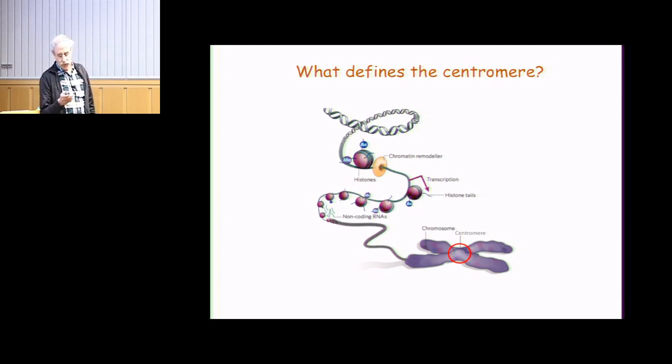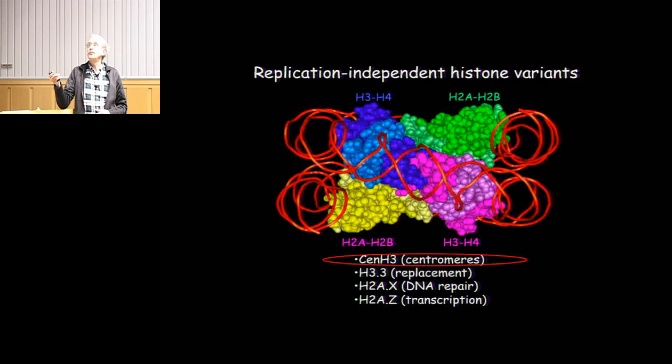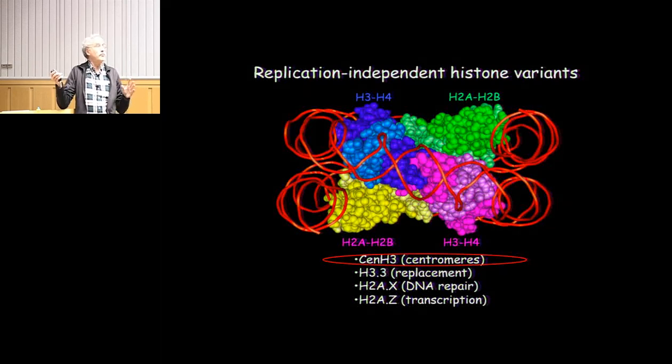Now, the reason that we like to focus on the centromere is it's long been known that there's a centromeric histone variant, we call it CnH3 generically, but it's not quite universal, but it's almost universal.